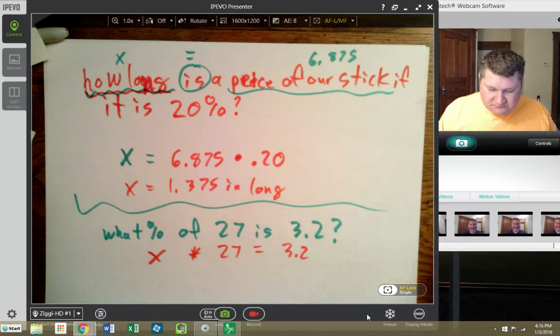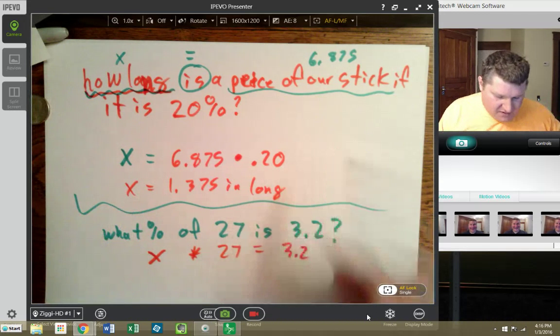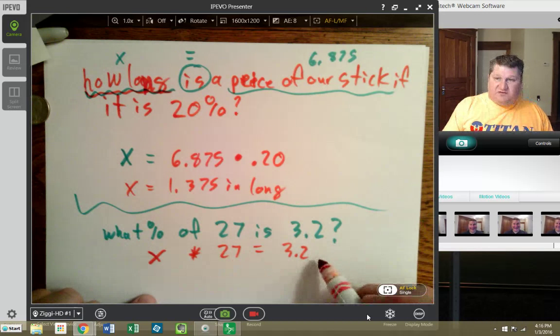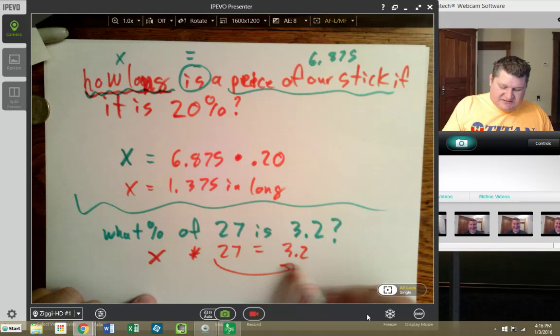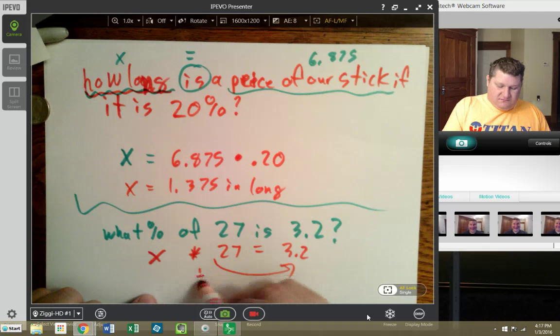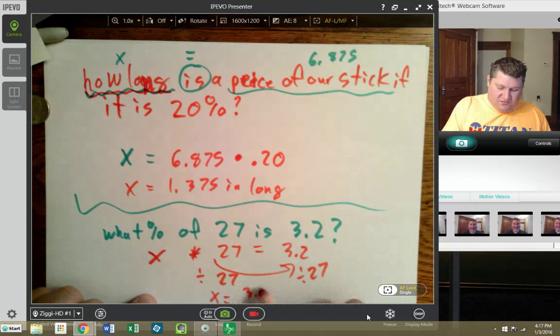Now, in this example, to find x isn't a matter of simply multiplying like it's been previously. Here we're actually going to have to do a little work. Well, if I have x times 27 equals 3.2, to move this 27 to the other side, I need to get rid of it. What is the reverse of times? The answer is divide. So if I divide by 27, there we go. I have x equals 3.2 over 27.